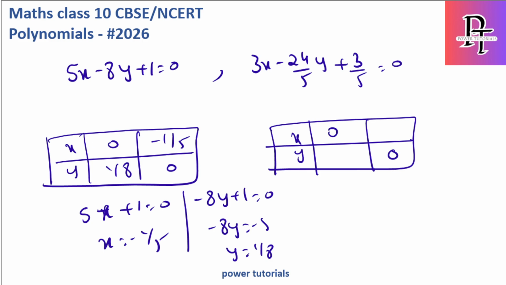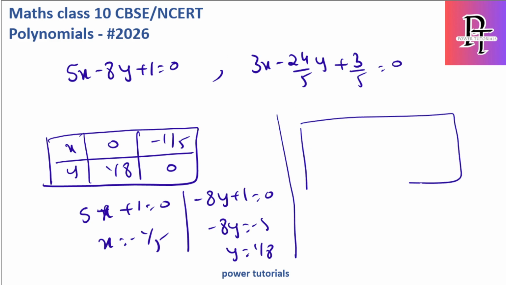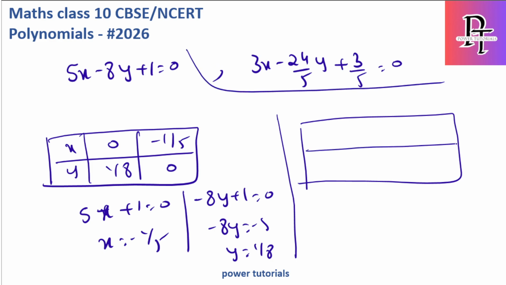If you have a fractional part like this, let's change it a different way. Instead of zeros, let's take bigger numbers so that it will not give fractions. This is still the first equation only. Since 5 and 8 are present, suppose I keep x as 5.